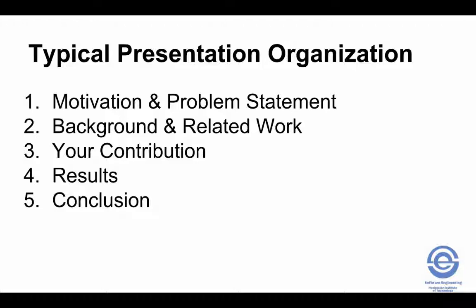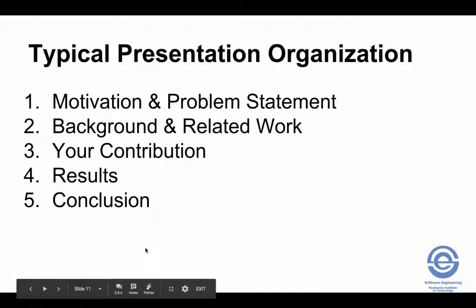You don't need to get too deep in the related works. Maybe mention 1 or 2 that are really close to what you're doing or really influential. But you definitely don't need to go through like 10 or 20 related works in your 10-minute presentation if you're doing a reasonably long research presentation. So usually I do leave the related work section a little bit short.